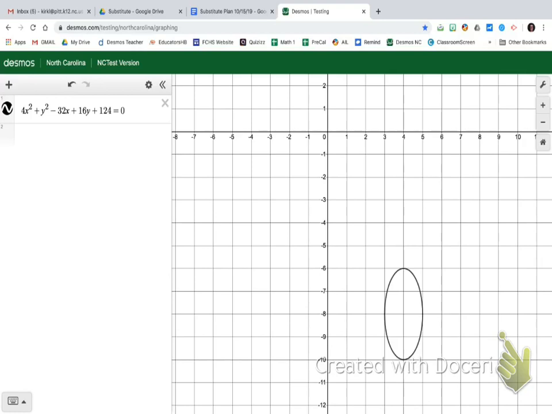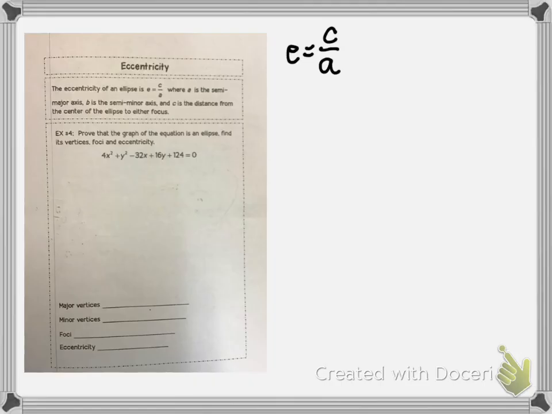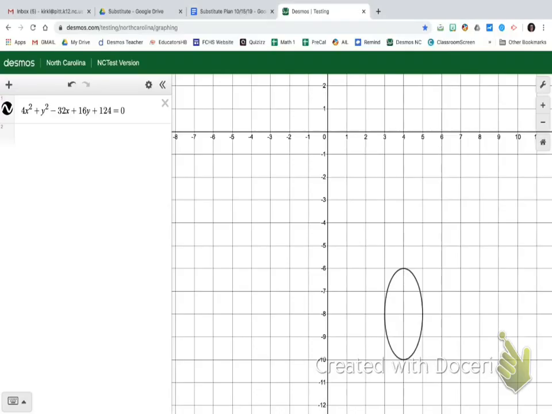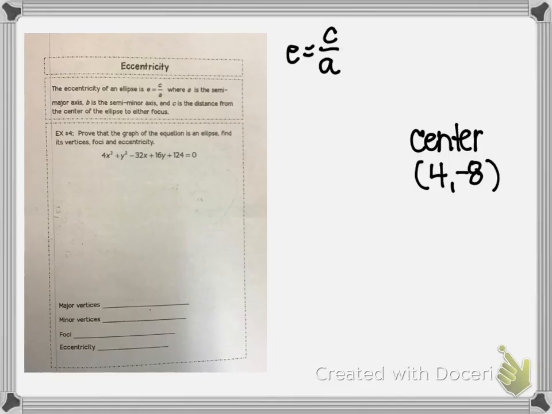So from here, I see my center is at 4, -8. So I'm going to go back, and my center is at 4, -8. I can also see that my major axis is my y-axis, and it's a length of 2.